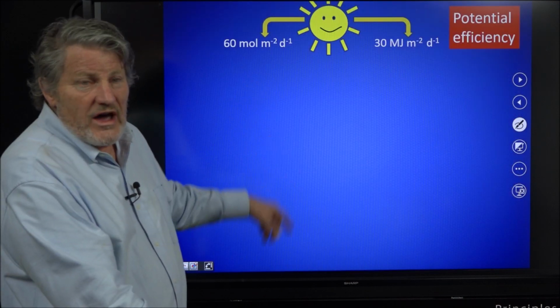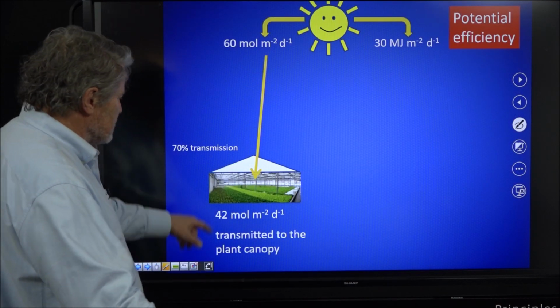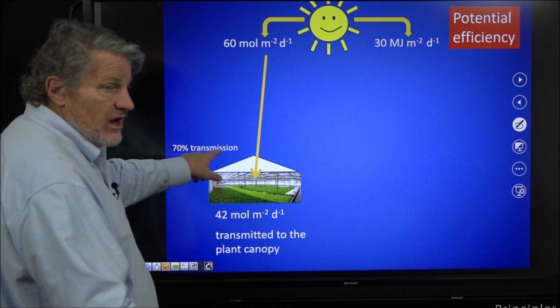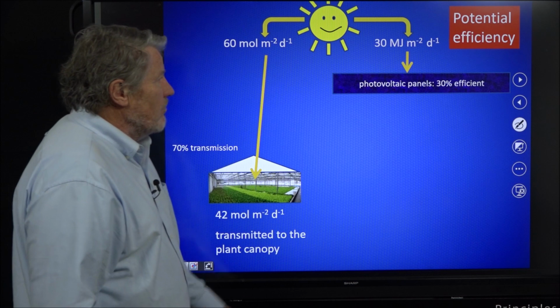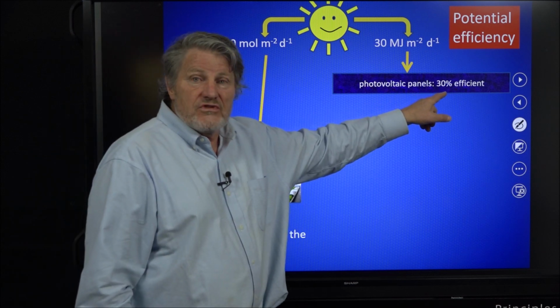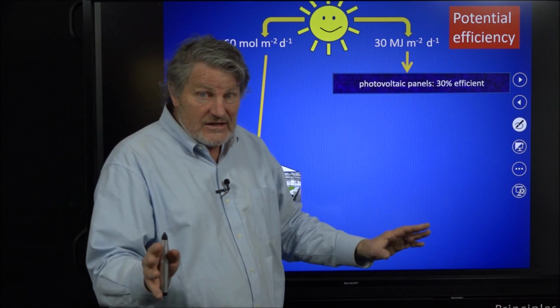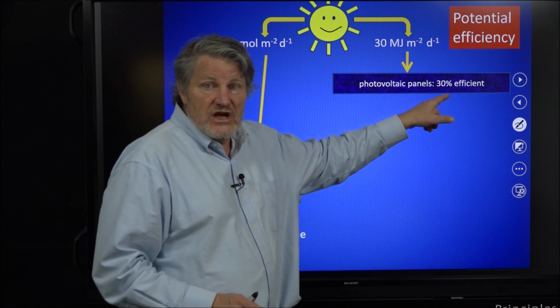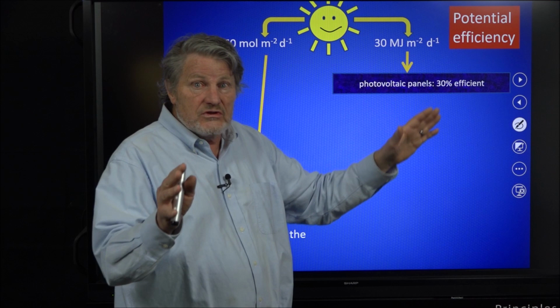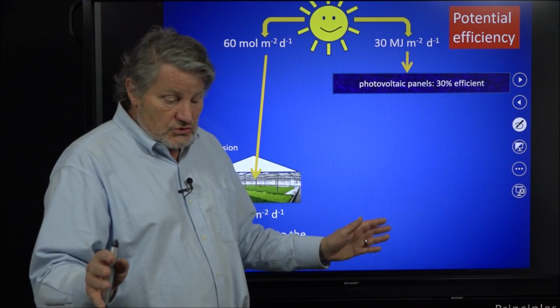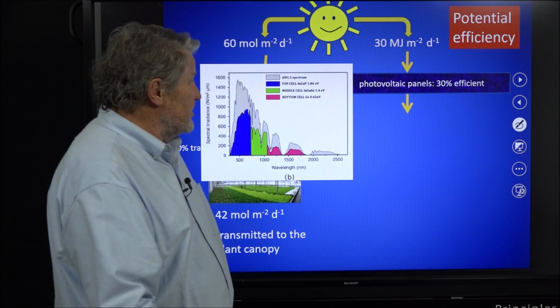Here's the same graph, potential. I kept this the same, 70%. We might get this higher with special coverings, but let's keep this side the same. Now we go to 30% solar panels. The stuff we fly on satellites, they're expensive, they're 30%. So it's possible to get these, and at some point in the future, we'll have consumer panels that are 30% efficient.